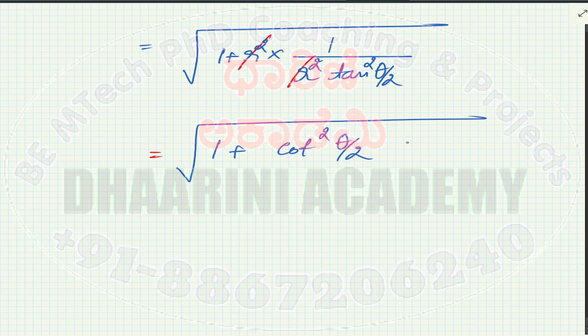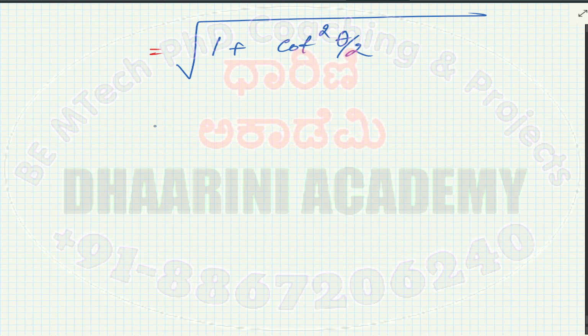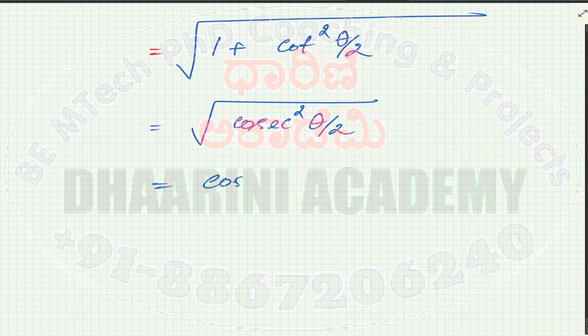So once again, using the basic properties of trigonometry, I can write this as square root of 1 plus cot square theta, which, if you remember, is cosecant square of theta by 2. So root and square will cancel. So the answer is cosecant of theta by 2, which is the required answer for ds by dr.